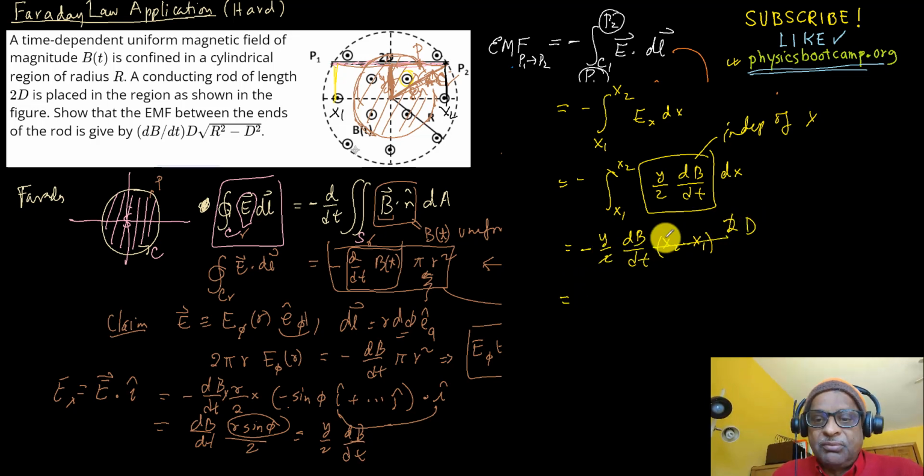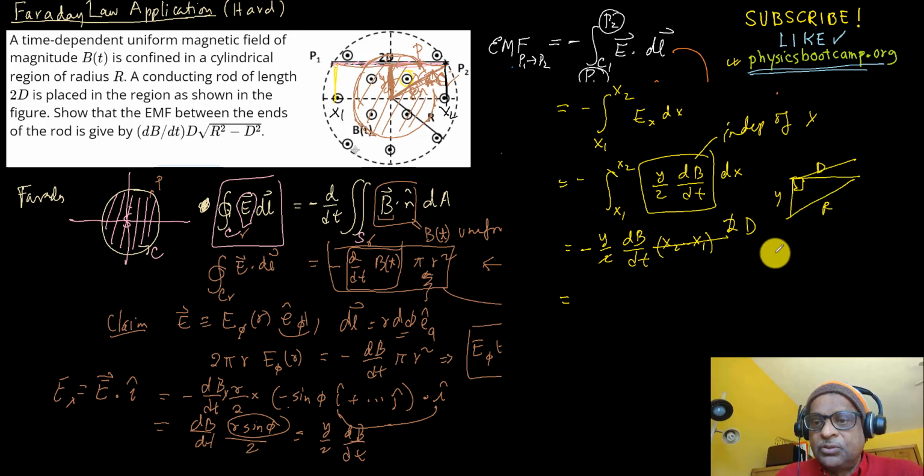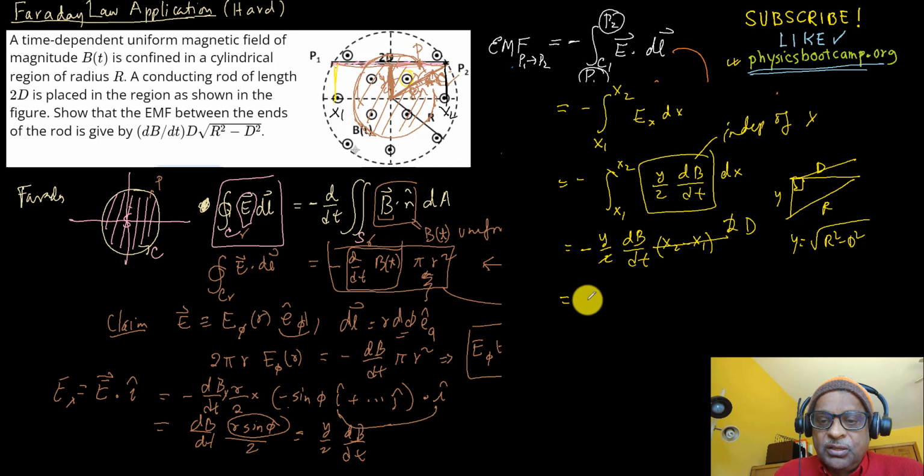If you remember y in this triangle, with 90 degrees here, this is r and this is d, so y is the square root of r squared minus d squared. So we get minus d times the square root of r squared minus d squared times dB/dt.